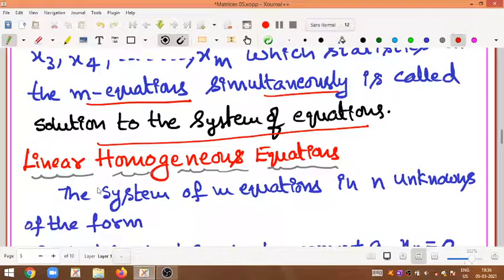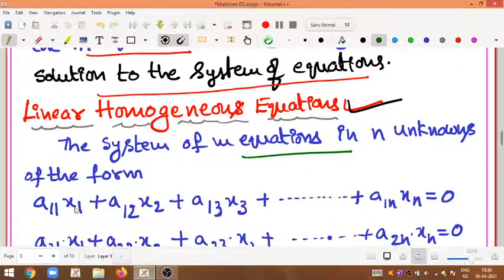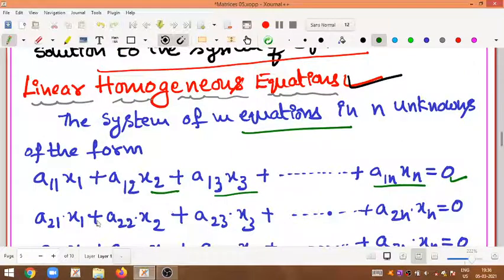Now we come to the linear homogeneous system. The system of m equations in n unknowns has the form a11 x1 plus a12 x2 plus a13 x3 plus so on plus a1n xn is equal to 0, and a21 x1 plus a22 x2 plus a23 x3 plus so on plus a2n xn is equal to 0.